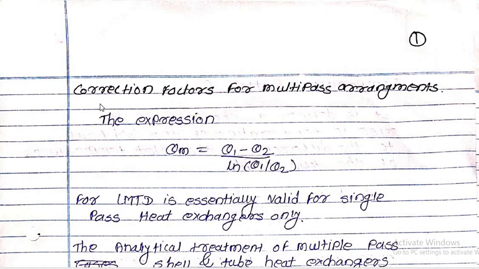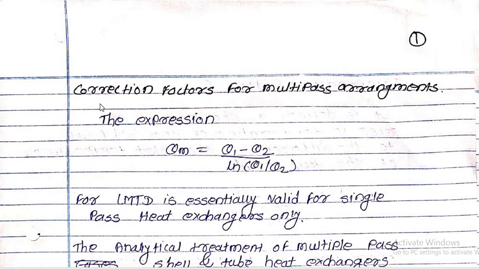Why? Because up till now we have learned the LMTD method applicable to a single pass heat exchanger, that is, the cold and hot fluids are flowing in one direction only. That is the single pass arrangement.